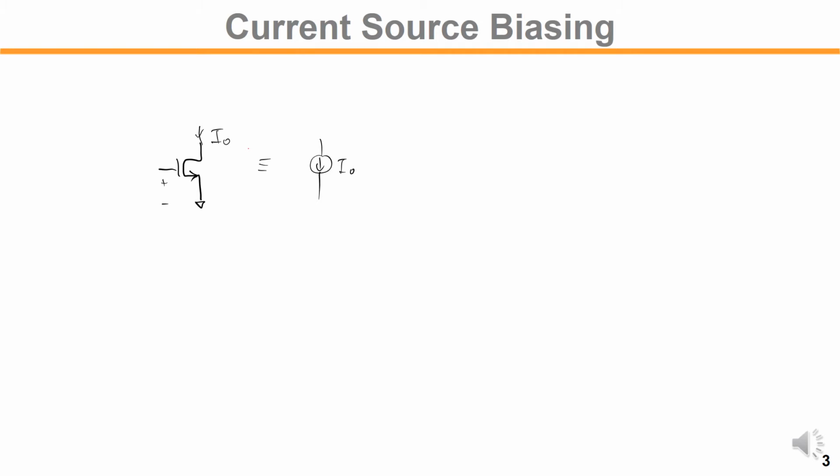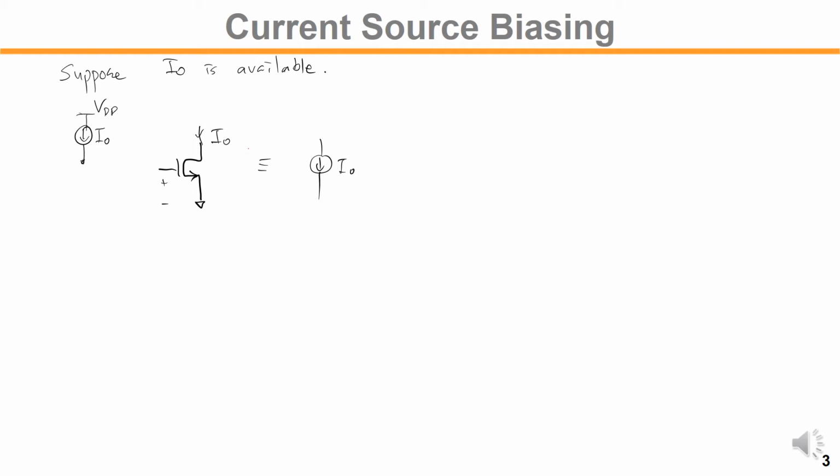Let's just suppose that somewhere an ideal current is available. This assumption seems like nonsense, but it is an assumption for now. So somewhere else we have some current generator, a current source, available.